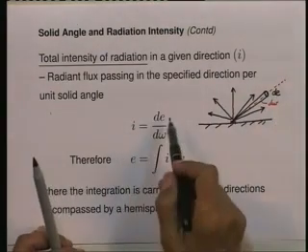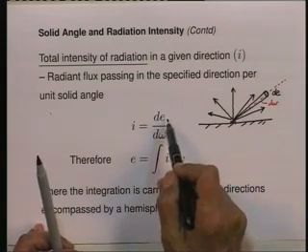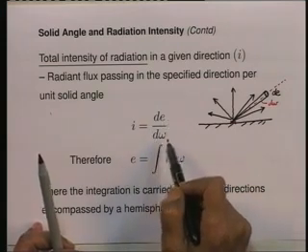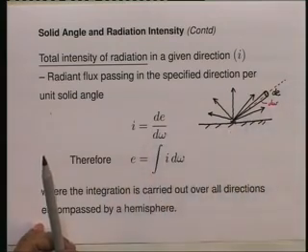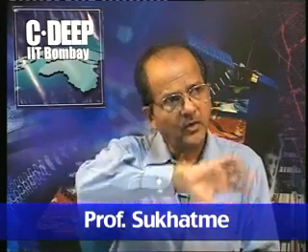Therefore, I is nothing but dE upon d omega, the radiant flux emitted per unit solid angle in a particular direction. Or another way of looking at intensity of radiation is to say it is that quantity which, when integrated over all directions of a hemisphere, will give me the emissive power of a surface.